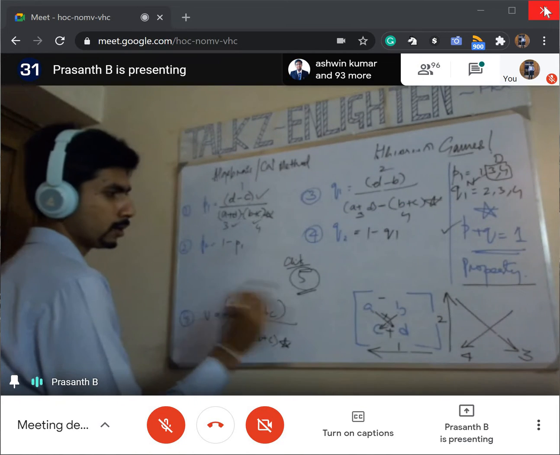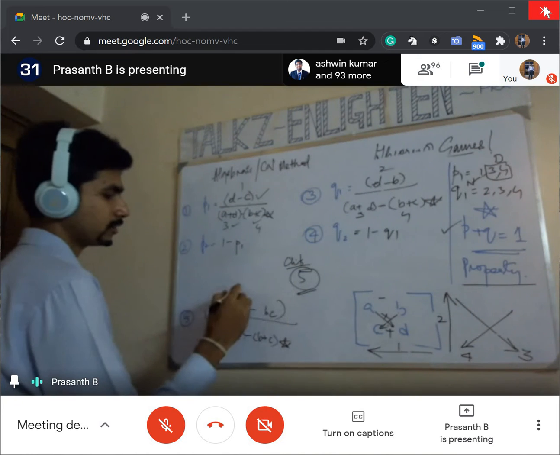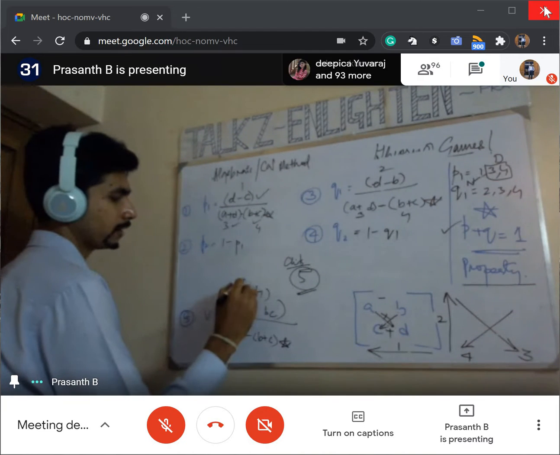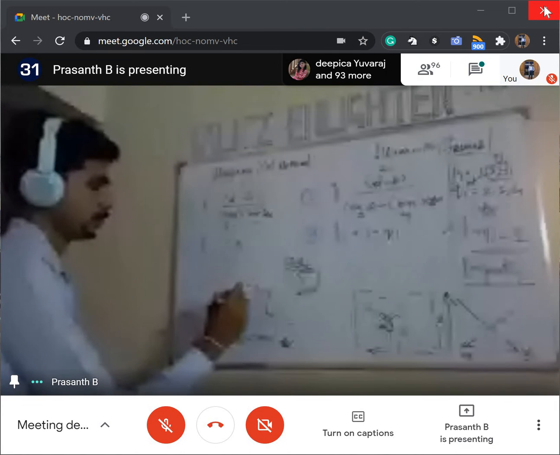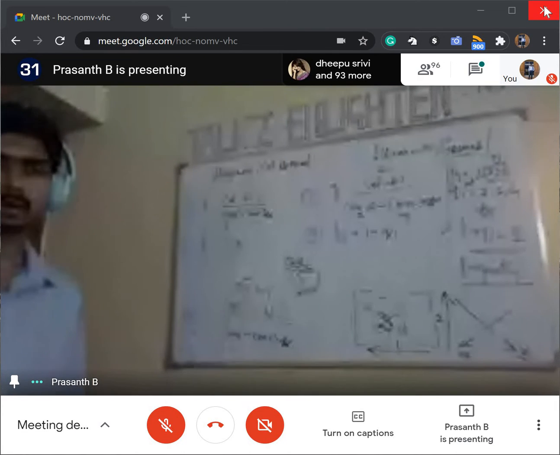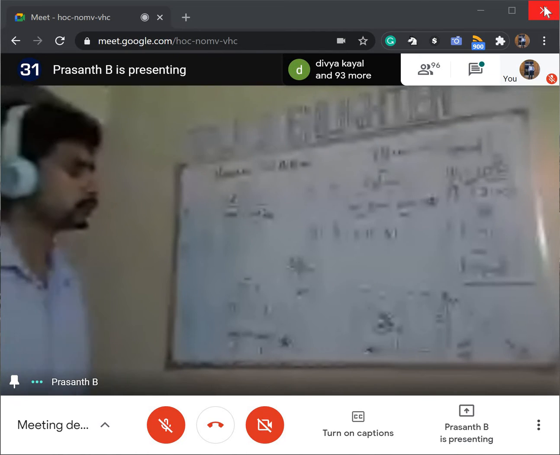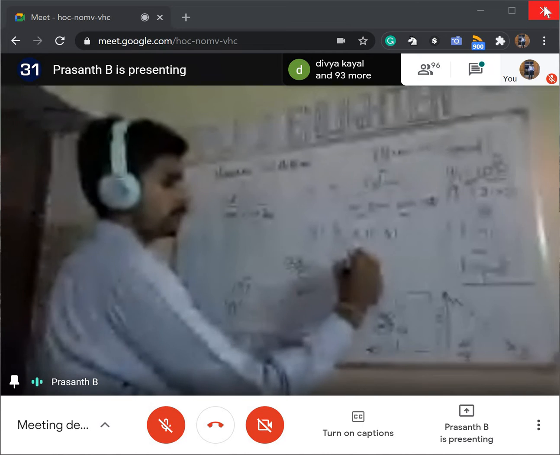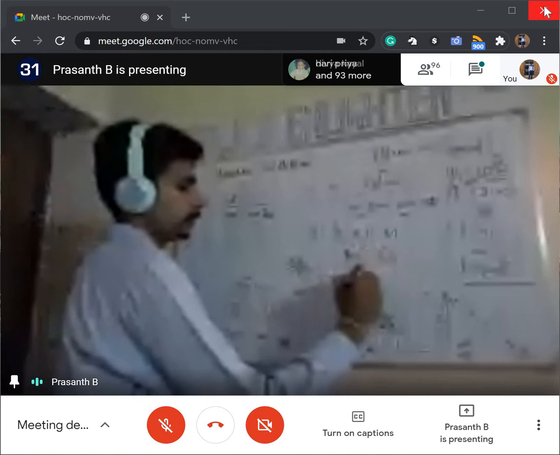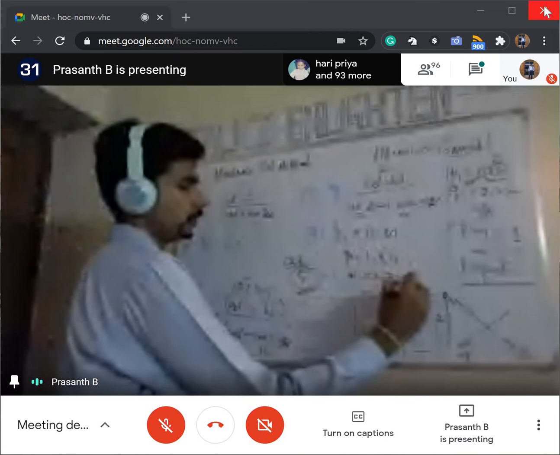Here it goes like this. That is 3 into 4 with a minus sign. And then this again will be 3, 4. So P1 will be equal to 1, 3, 4. Q1 will be equal to 2, 3, 4.